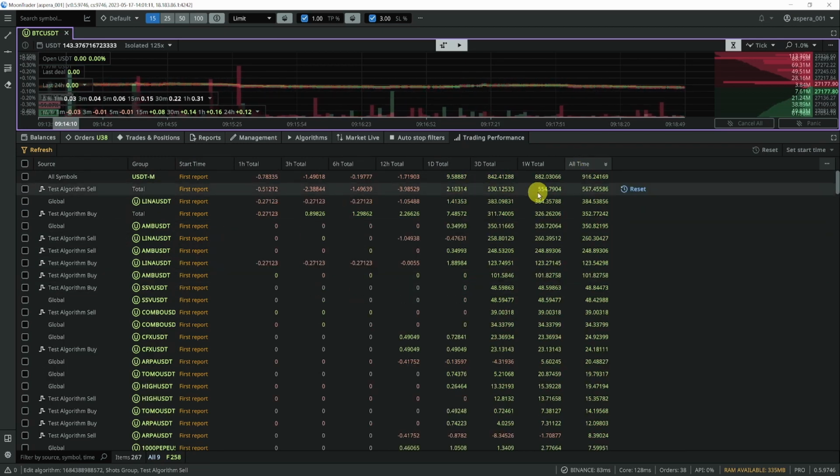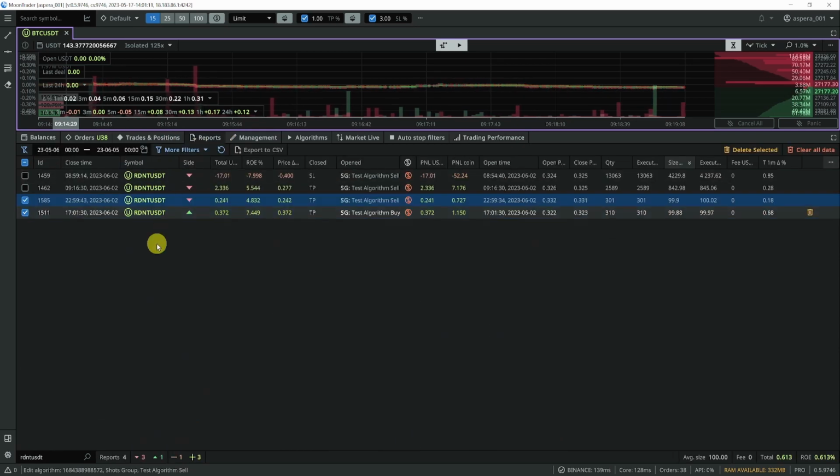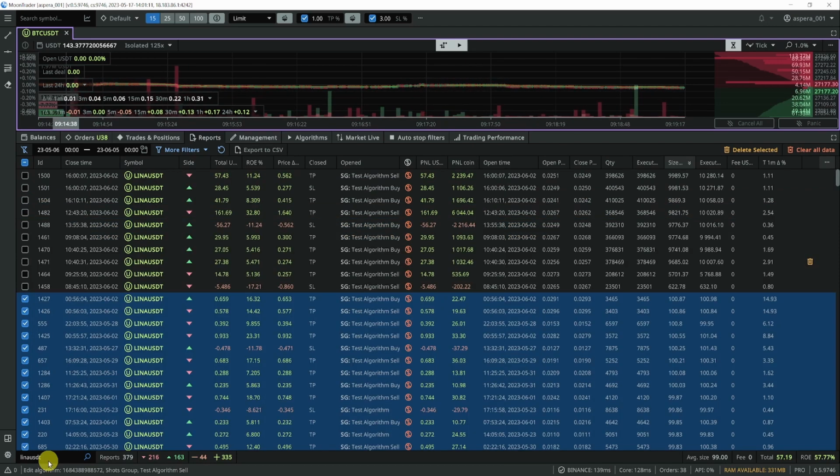Let's look at it on the other hand. Let's look at the top performance and see whether this is illusory or more or less real. So the top performer here is Lena, and it gave us a whopping 384 USDT. So let's filter the reports for this coin. All right, here, yeah, this is the 161 profit, not really indicative of the real performance.